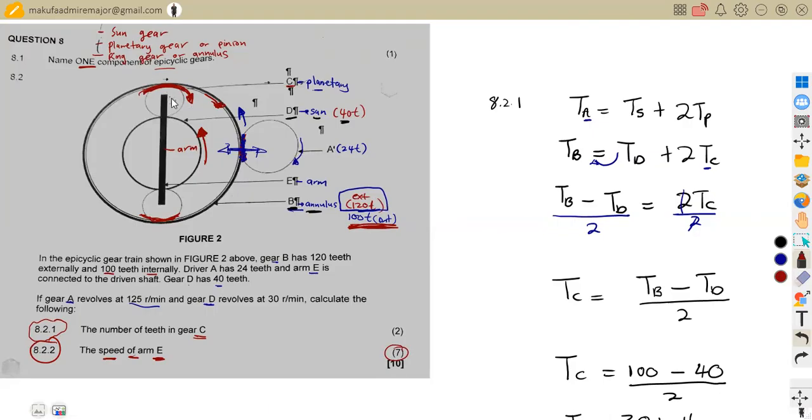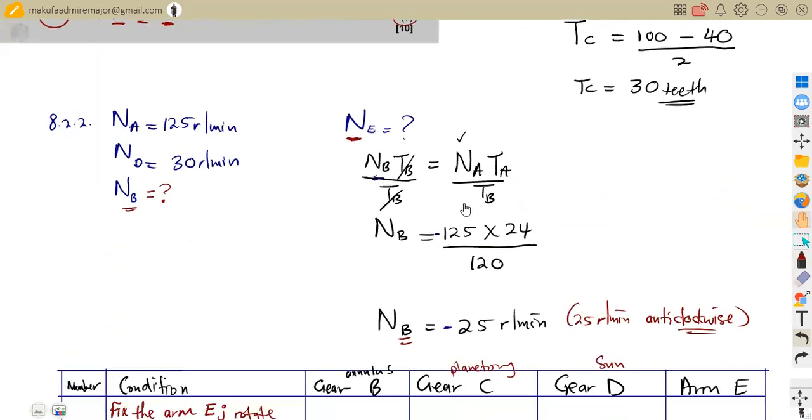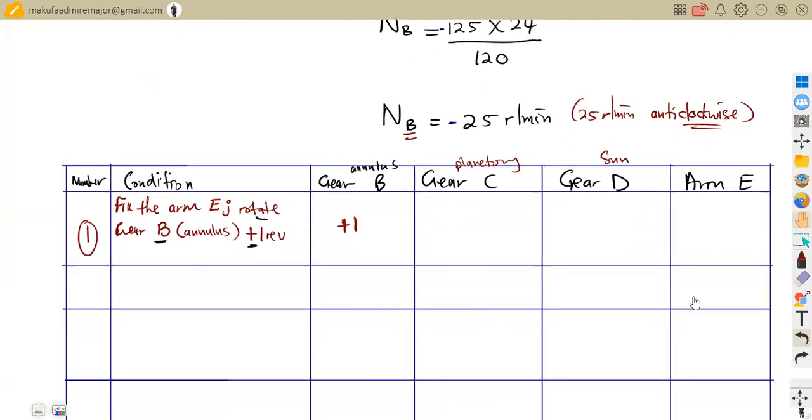Remember, the driven over the driver in this case. So we're going to have the annulus over the planetary. And also on your table, I explained what's going to happen. We are going to have TB over TC in this case, which is both in a clockwise.